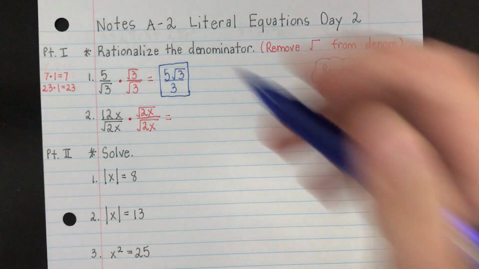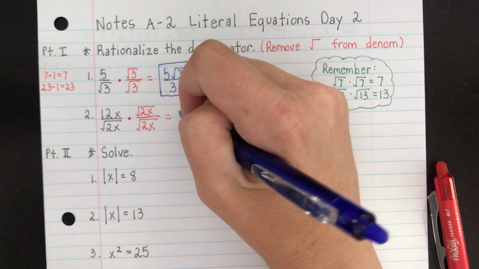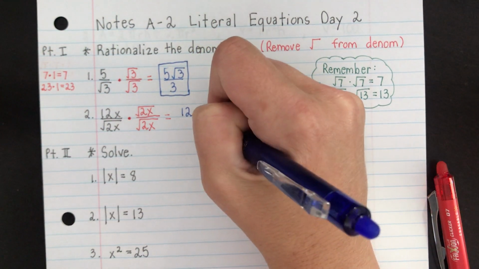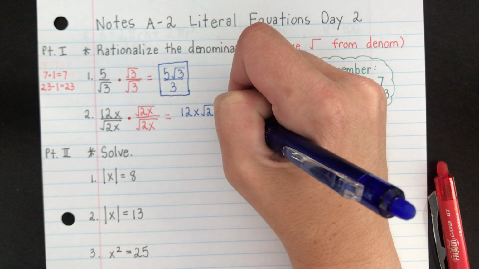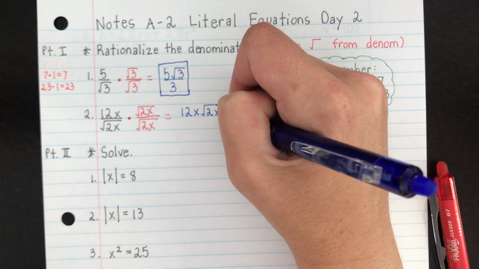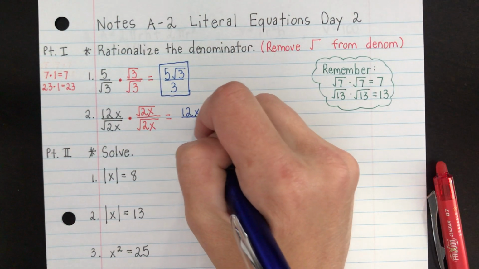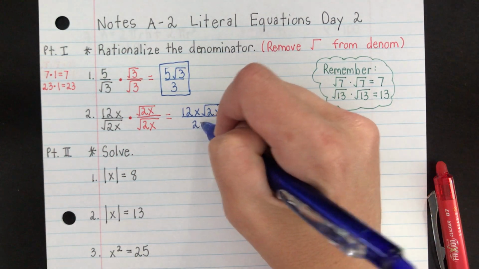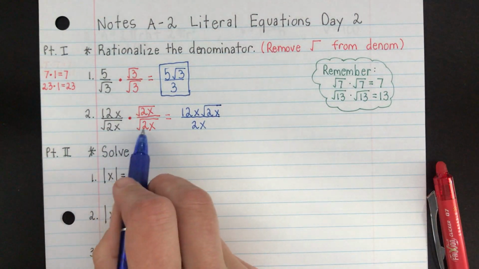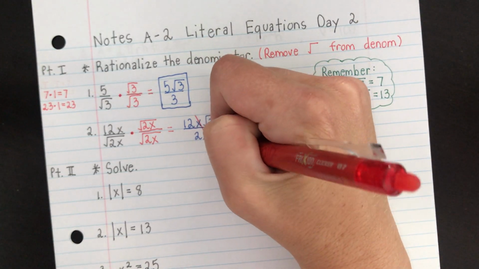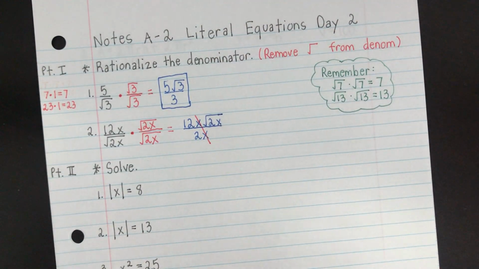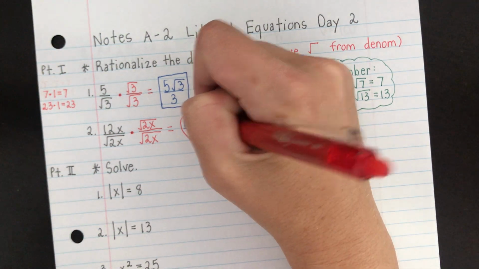Okay, so when I multiply across the numerators, this would be 12x square root of 2x. Make sure that the radical bar completely goes all the way across and covers the x completely. Over, of course, this will just become 2x. All right, and then I can simplify a bit. I can simplify the x's, and then I can simplify the 12 over 2.